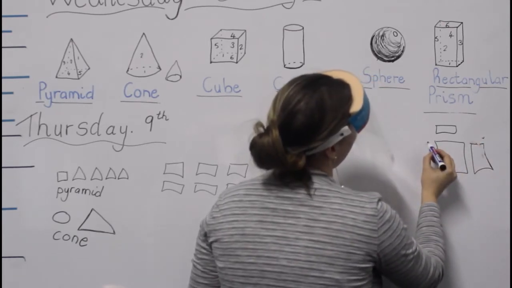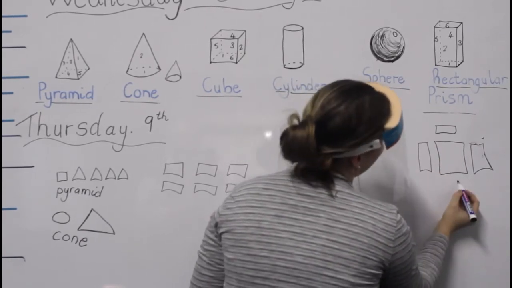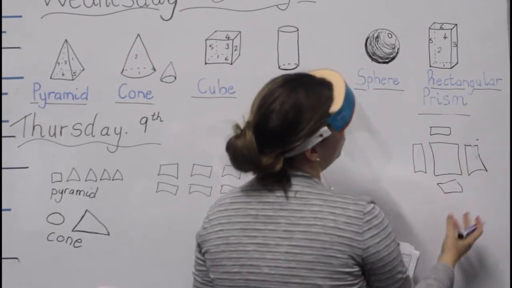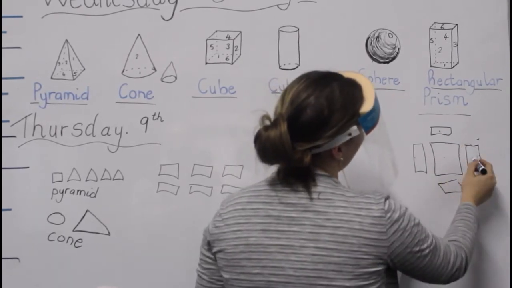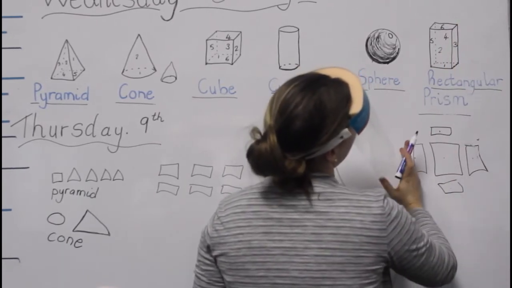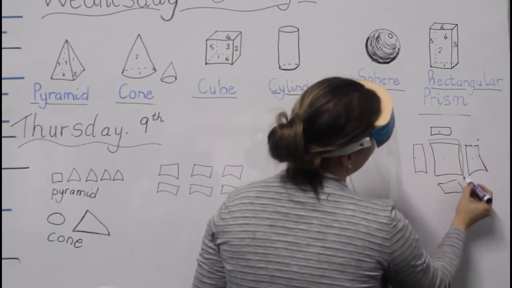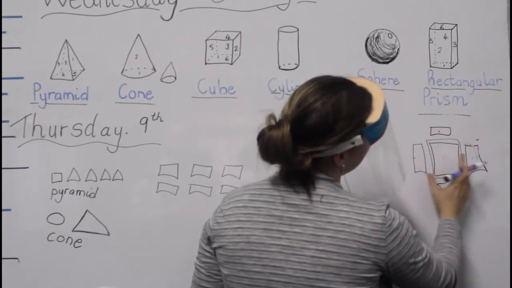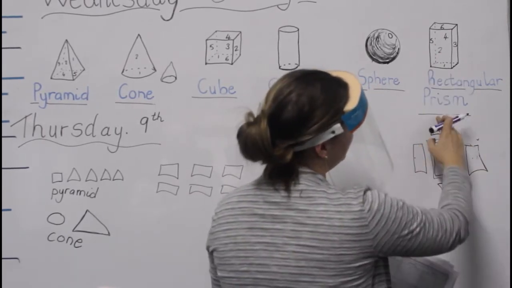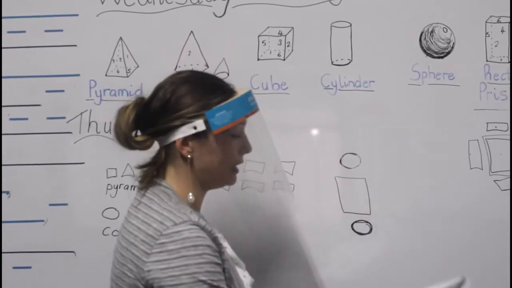And then another rectangle on this side, slightly shortened, and then a rectangle at the bottom. So those would be our sides, 1, 2, 3, 4, 5. So we would have one at the top, one on the side, one on this side, one at the back, and then another one that's exactly the same size as that previous rectangle, the back, the front, the sides, and the top and the bottom. So those are the rectangles that would be involved in the rectangular prism.